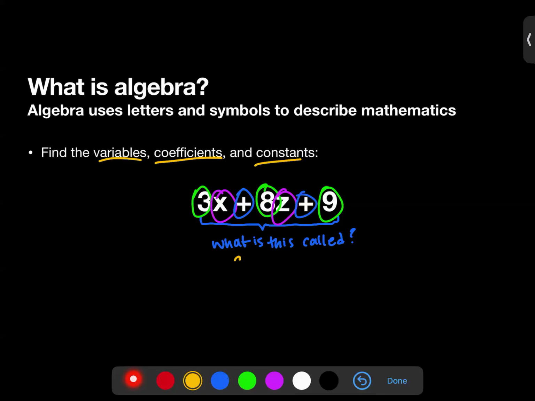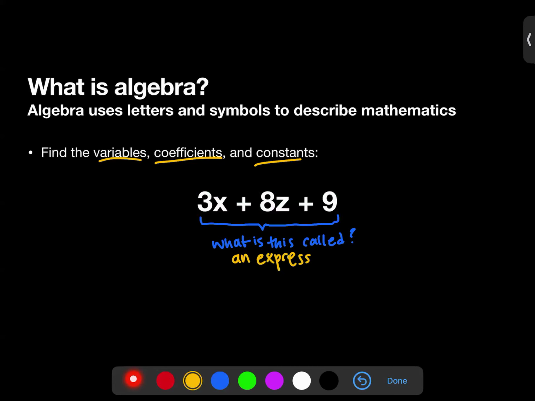So, this is called an expression. Does that make sense to everyone? Everyone understands what expressions are? Yes. Good.